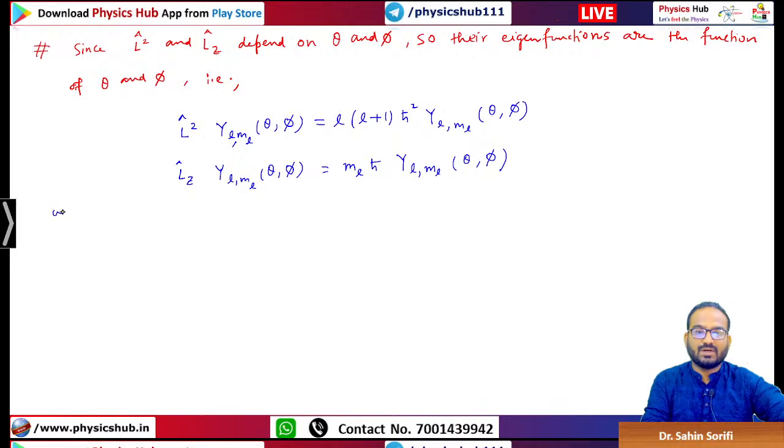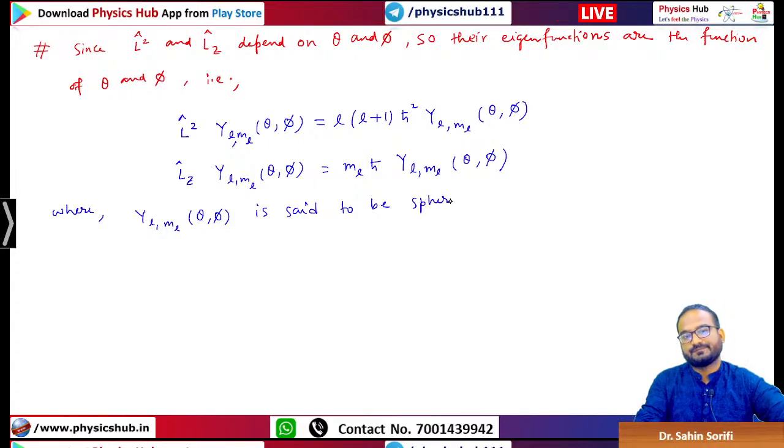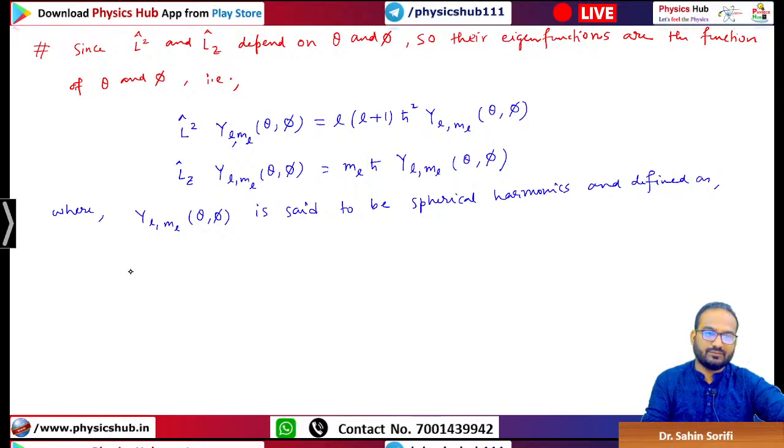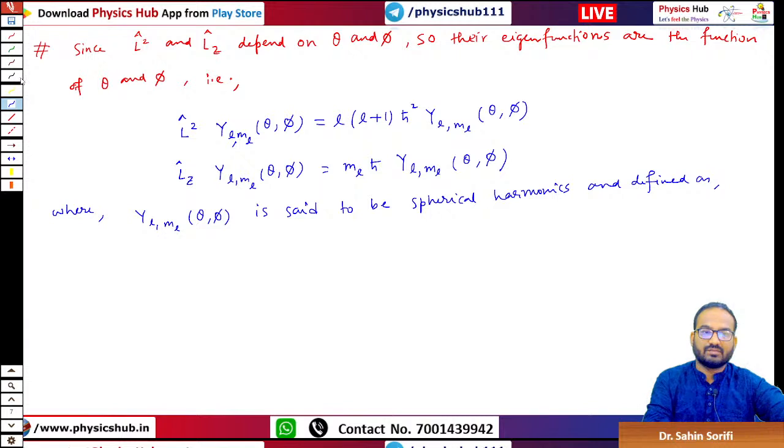What is this Y_l^ml? This Y_l^ml(theta, phi) is said to be the spherical harmonics, and it is defined by the following expression.